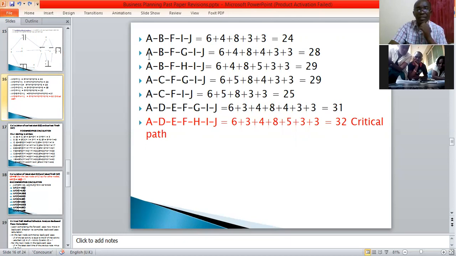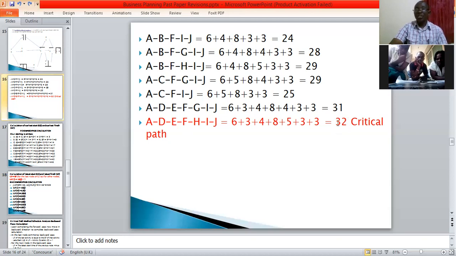Are you getting me? Yes. Okay. So if you use this route, you need 28 months. If you use this route, you need 29 months. So at the end of it all, the longest route is where you spend 32 months.